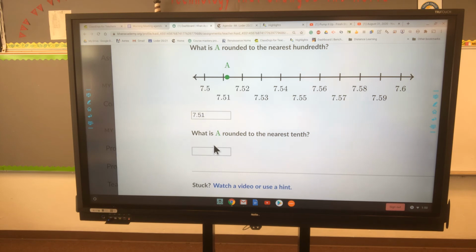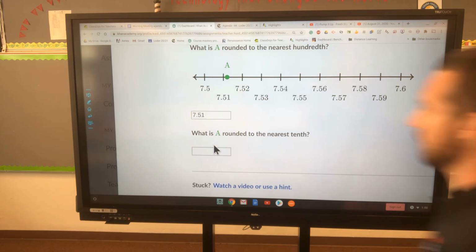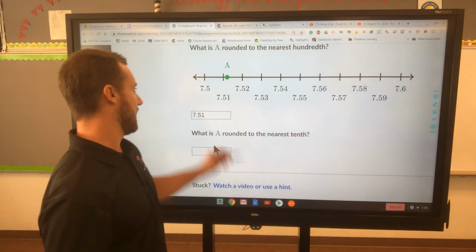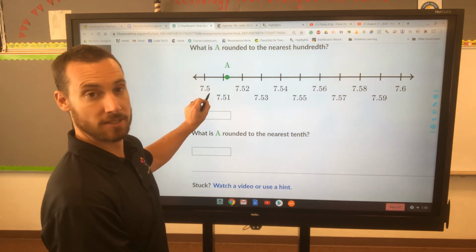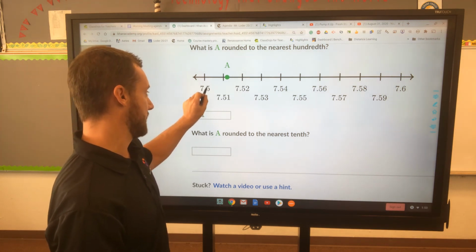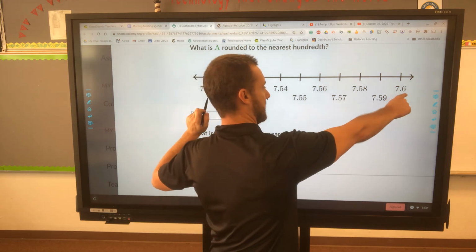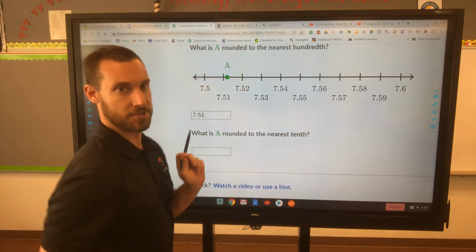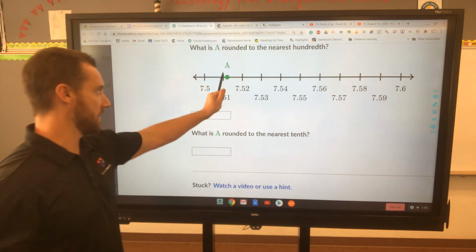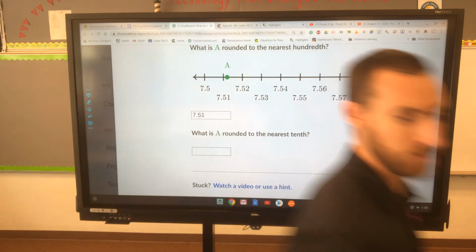Okay, how about where is our nearest tenth? Okay, we have 7.5, or 0.5, 5 tenths, or we have 0.6. What are we closer to? See, obviously we're closer to 7.5.